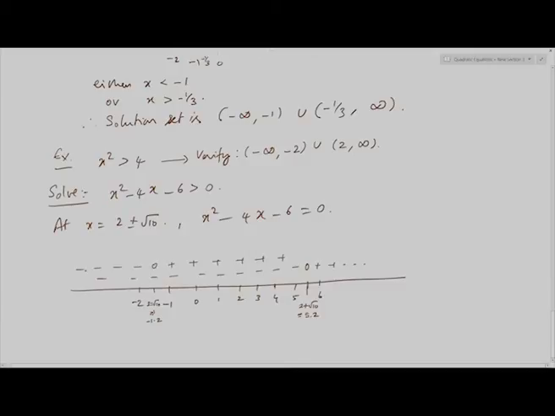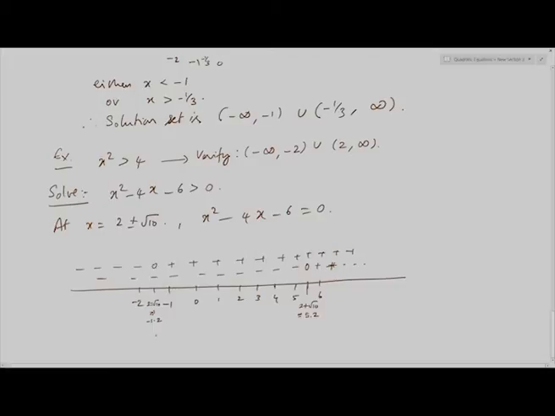Now to make it positive, remember both should be positive or both should be negative. So here it is plus, plus and so on. So therefore the solution set will be, here both are positive on the right side of 2 plus root 10.